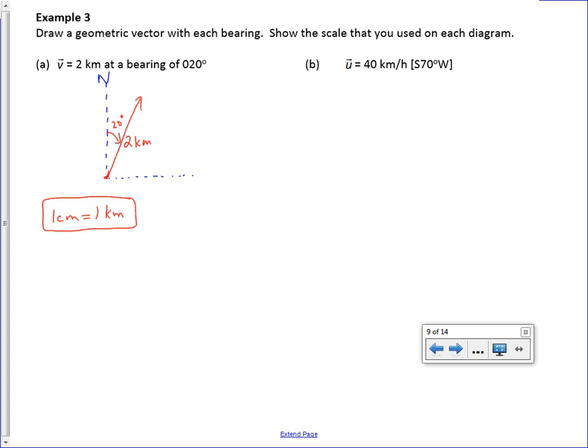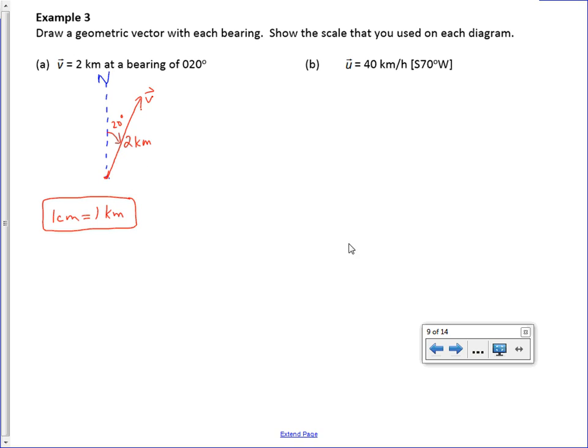Like grade 9 geography. Fun time. Okay. And the other thing I should do is call it vector V. So there it is, I have drawn the vector. As you can see, I can leave the east line, but I don't really need the east line when it's a true bearing.